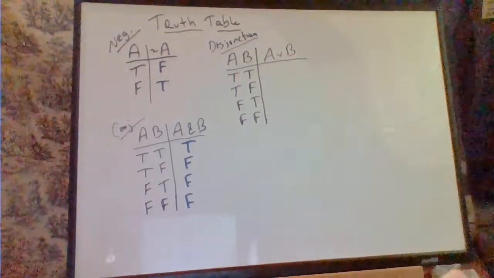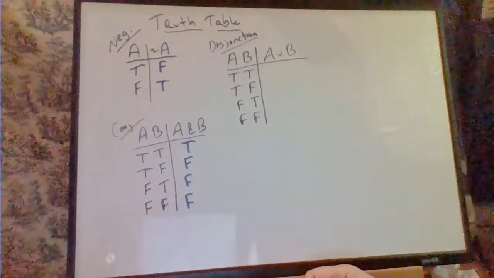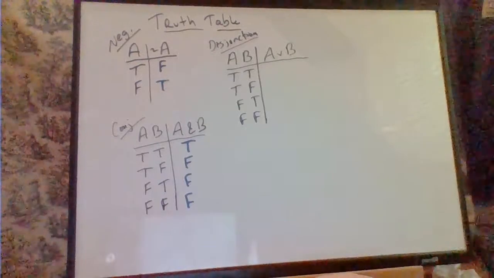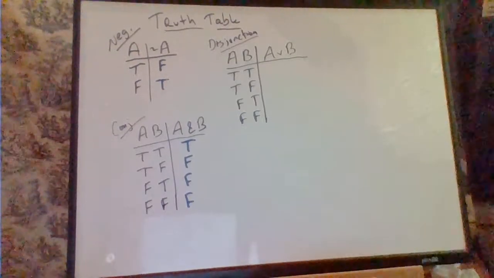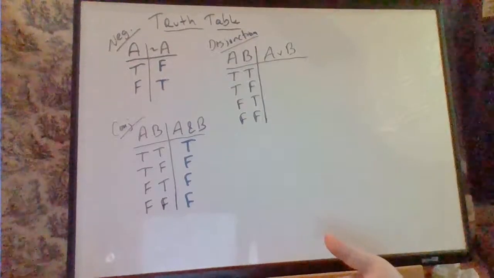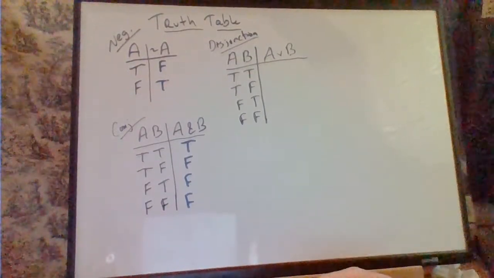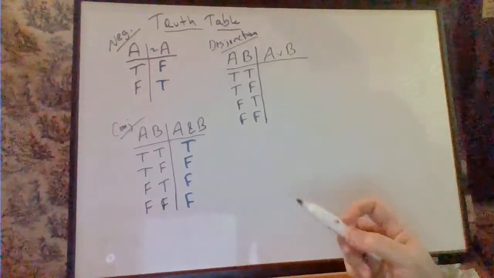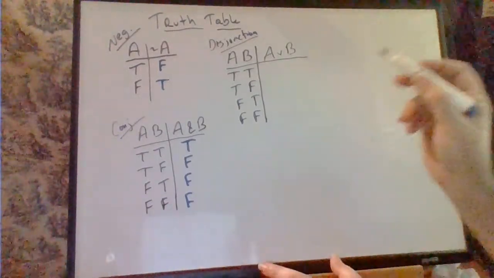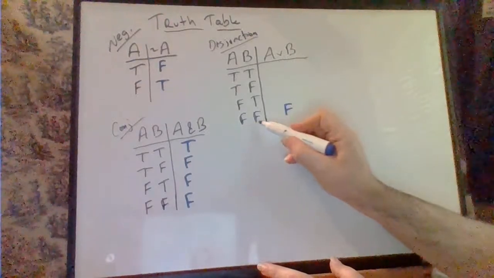Logic uses what we call an inclusive OR, which means that for an OR statement, a disjunction, to be true, it needs at least one part. Both parts could be, but at least one part has to be true. So the only time that a disjunction is ever going to be false is in the last situation.